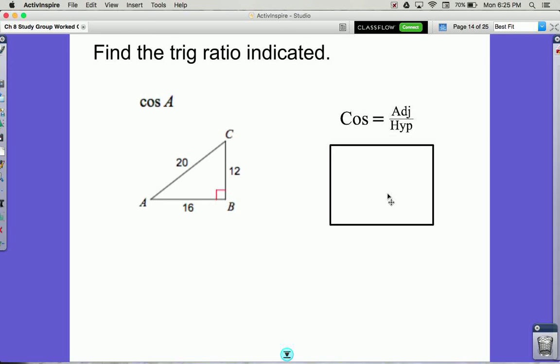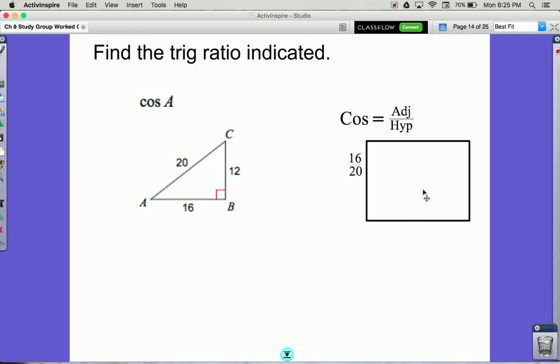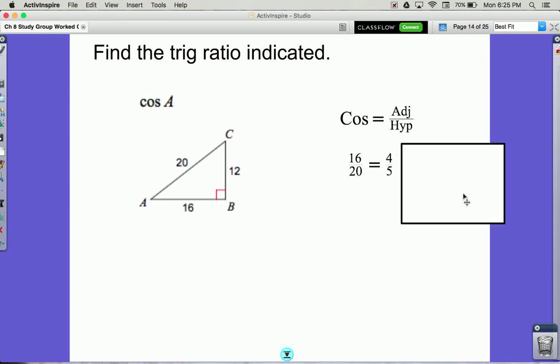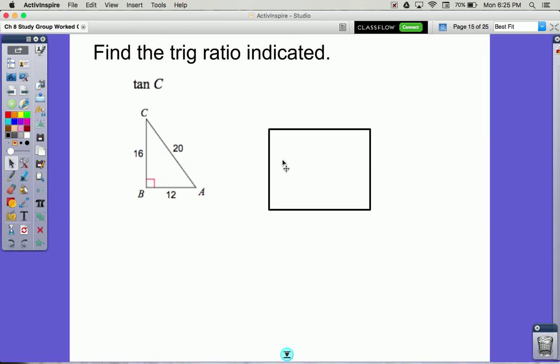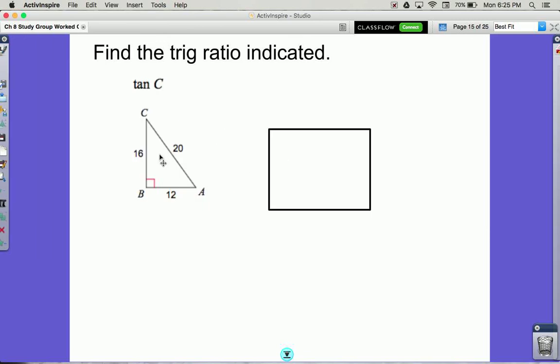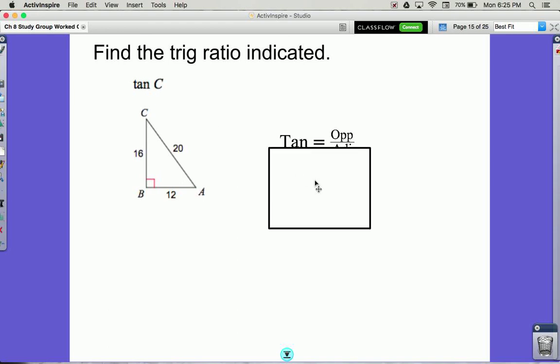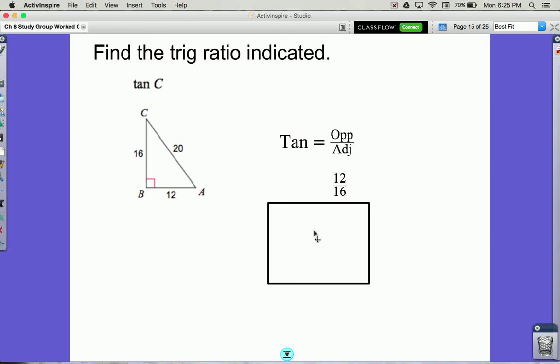So this is going to be 12 over 20. So that's 4/5. So for tangent of C, tangent is opposite over adjacent. So this is going to be 12/16, which simplifies to 3/4.